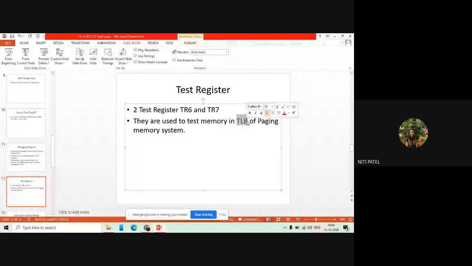So what is this memory doing? Whenever any program is executed, it will search for that program in your paging memory. Wherever that program is stored, only that particular program will be loaded for execution. So if I have 10 programs, out of which I want to execute only the first program, all the 10 programs are stored in my paging memory with some page number to access. When I say to the system, execute program 1, it will not bring all the 10 programs into the memory.